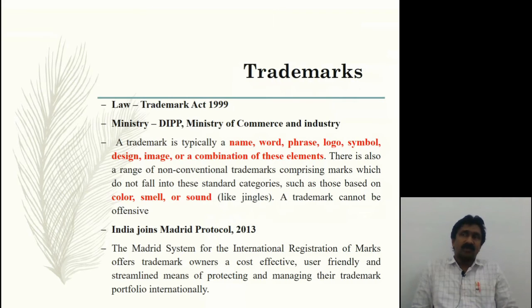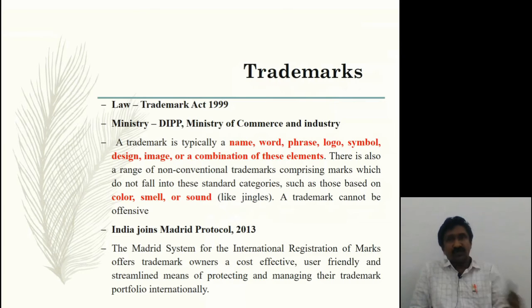India joined the Madrid Protocol in 2013, and the Madrid system for international registration of marks offers trademark owners a cost-effective, user-friendly, and streamlined means for protecting and managing their trademark portfolio internationally. So in 2013, there is an international treaty, the Madrid Protocol, to which India became a party, and that made an international registration provision for trademarks worldwide.